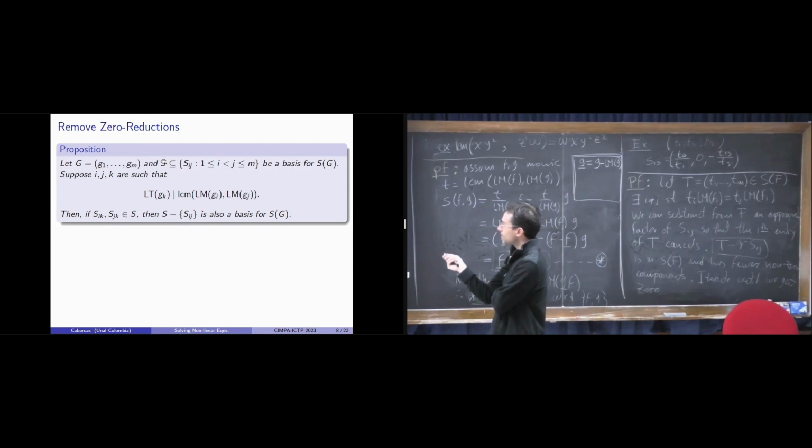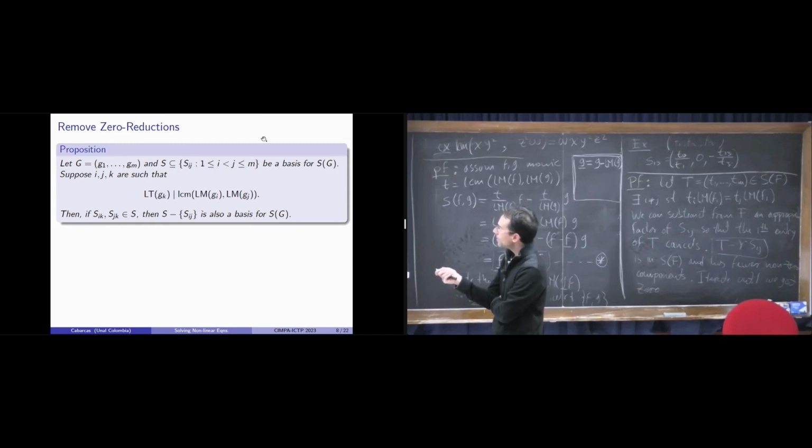Suppose S is a basis for the module of syzygies of the leading terms of G. And now suppose we have three indices, i, j, and k, so that the leading term of Gk divides the least common multiple of the leading monomials of Gi and Gj. Then, if Sik and Sjk are in S, we can remove Sij from S and still get a basis.